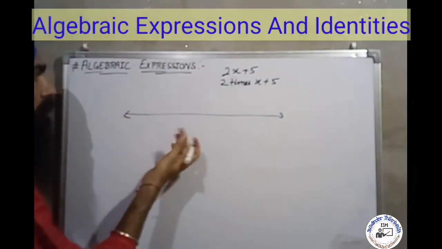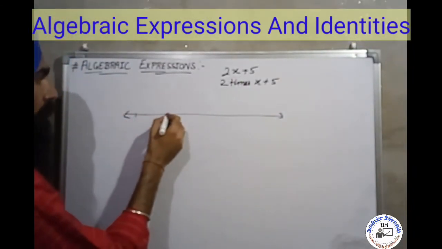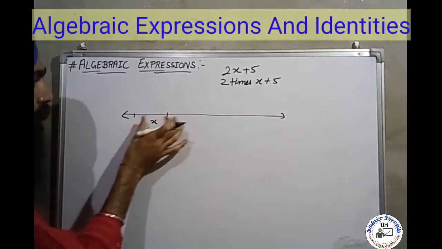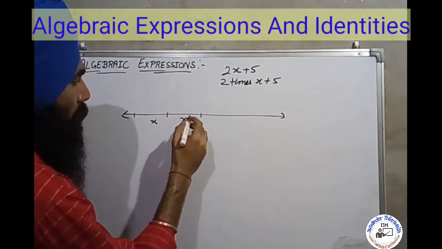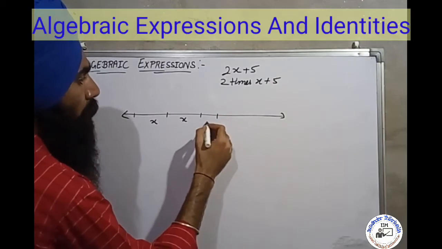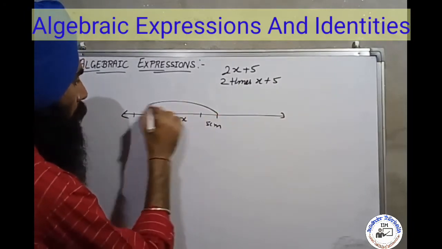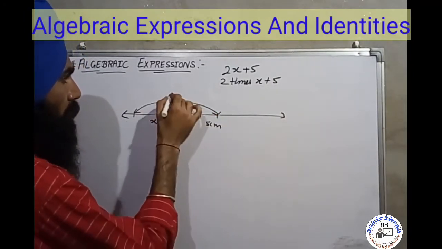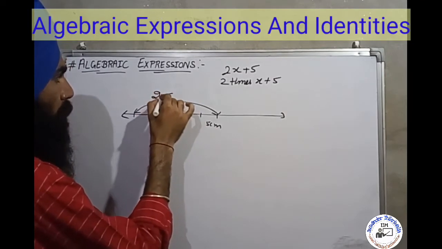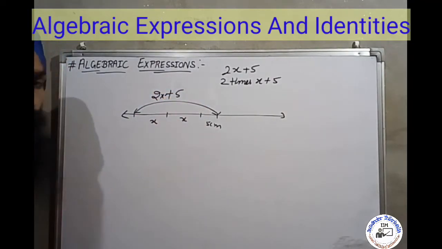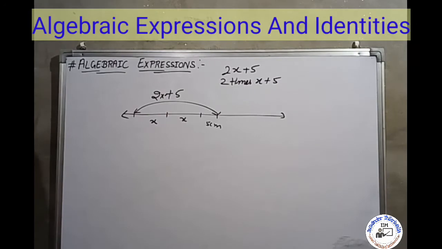So take a length of x this much. This is x, and 2 times means this is also x. Plus 5 means 5 centimeters. So from here to here, this distance is 2x plus 5.